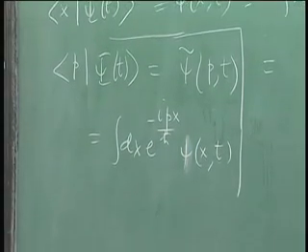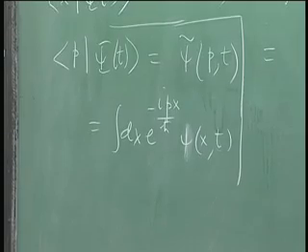So that establishes my assertion made earlier that the position space and momentum space wave functions of a quantum mechanical particle are Fourier transforms of each other.